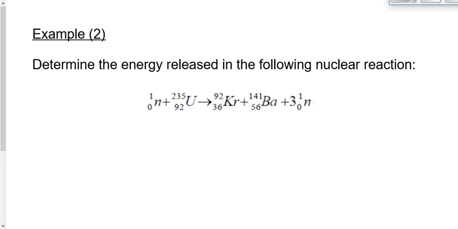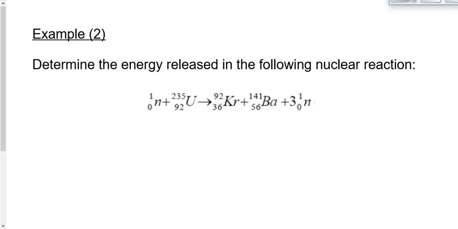Let's take a look at example number 2 on your sheet, which says determine the energy released in the following nuclear reaction. So the first one we did was binding energy in a single nucleus. Still going to get mass defect, multiply it by c squared. Energy released in a nuclear reaction, get mass defect, and multiply it by c squared. Just the way that we get mass defect is a little bit different.